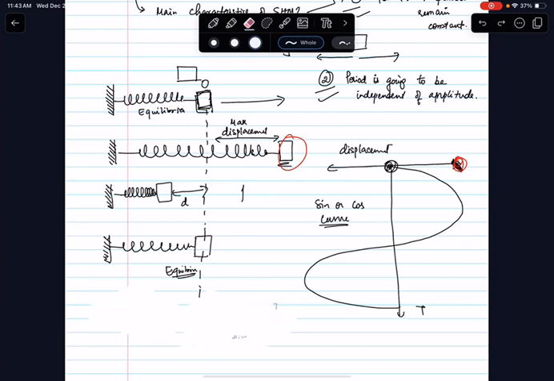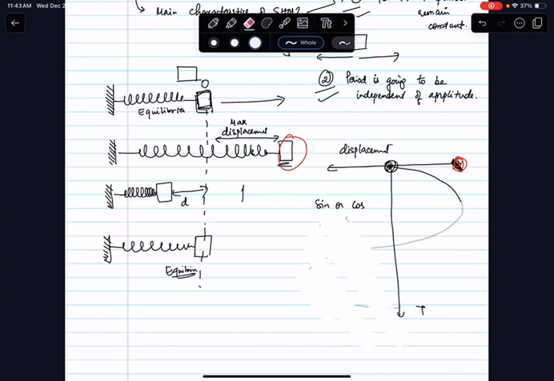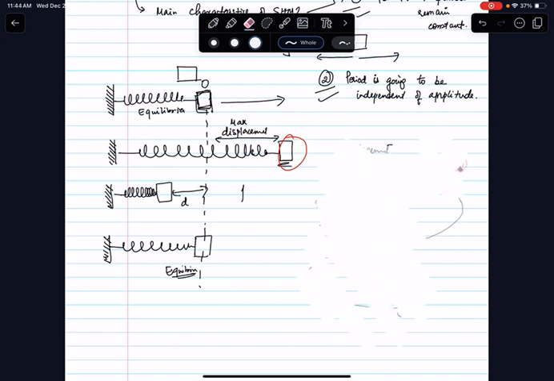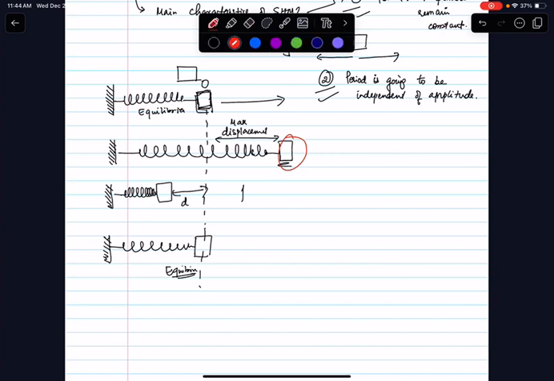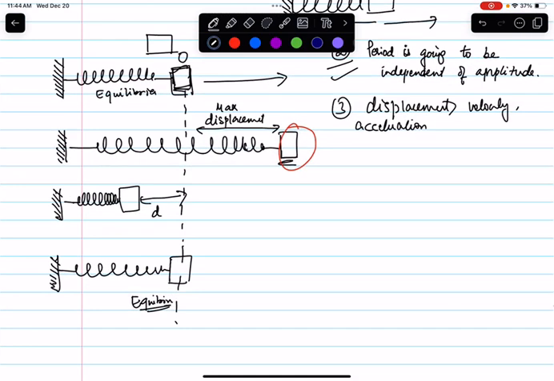So that's the third main fundamental thing that we need to see over here, is that in this case, the displacement, velocity, and then your acceleration, right, they're going to be sine and cosine functions of time.